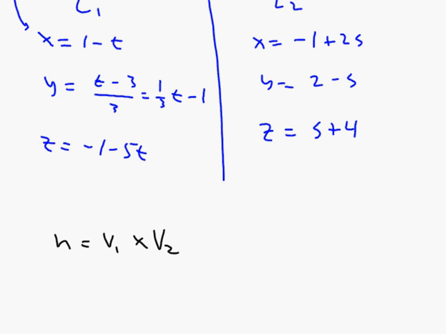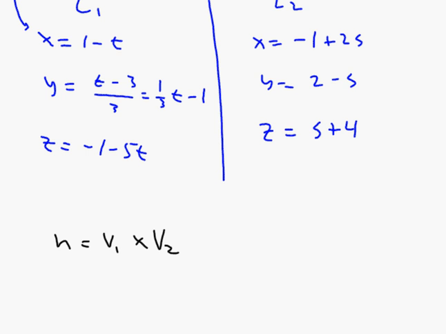I know that because line 1 lies in plane 1 and line 2 lies in plane 2, and plane 1 and plane 2 are parallel. The direction vector of line 1 keeps the line in plane 1, and the direction vector of line 2 keeps the line in plane 2. Therefore, if I cross those two vectors, I get a vector perpendicular to both planes. So that's what we're going to start with.